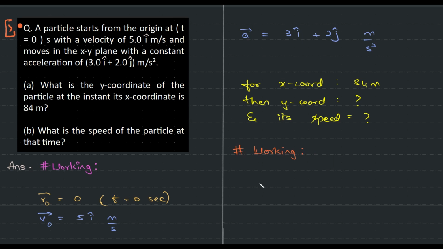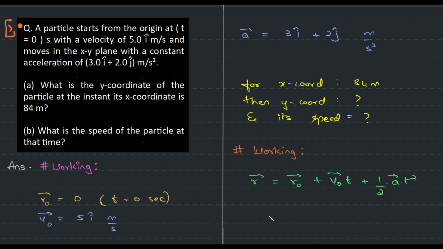So first thing is we need to get an expression for the position vector. So r is equal to r naught plus v naught t plus half a t square.